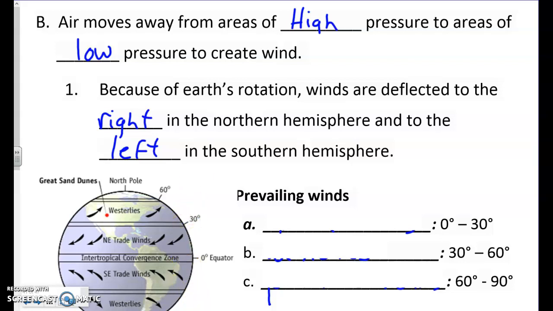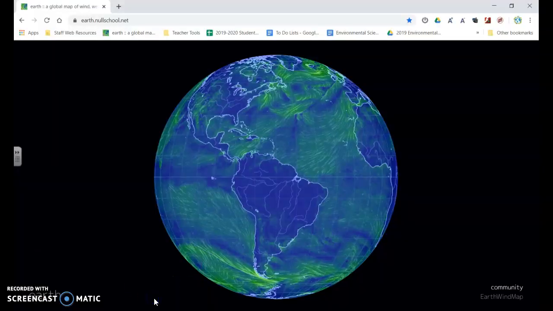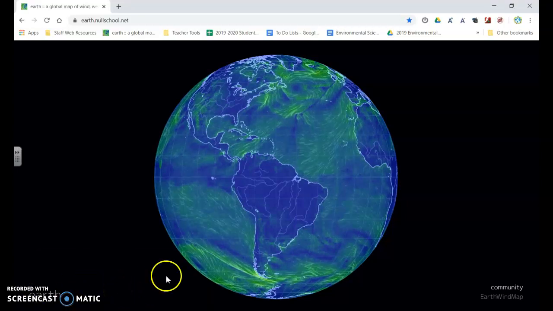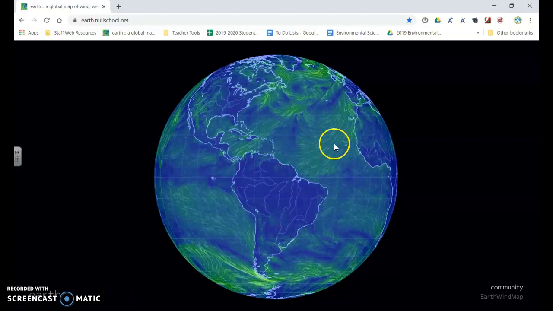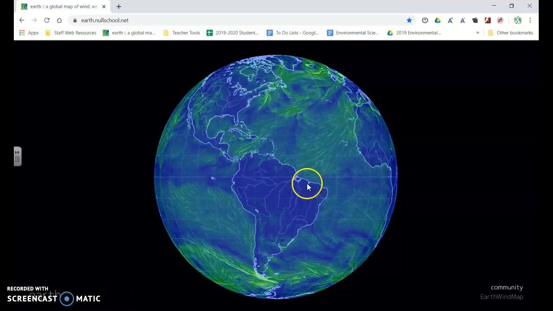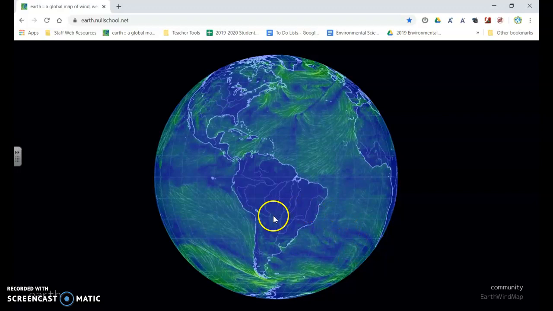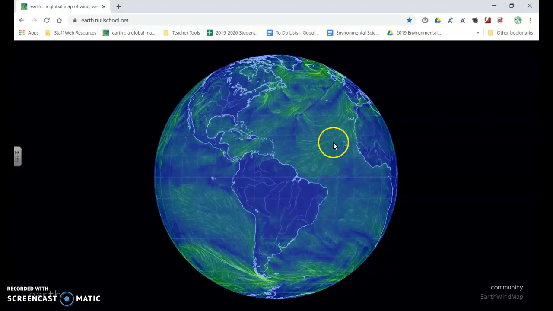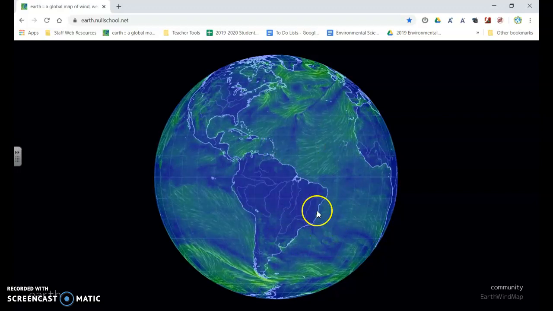You can see it on this website. You can see the air movements, going to the right down here and to the left up there.